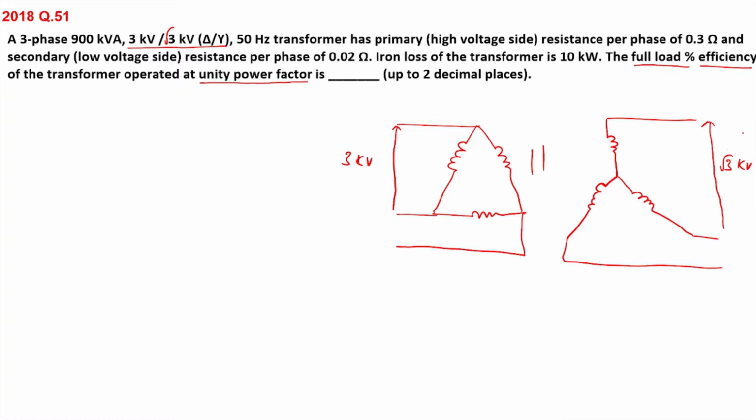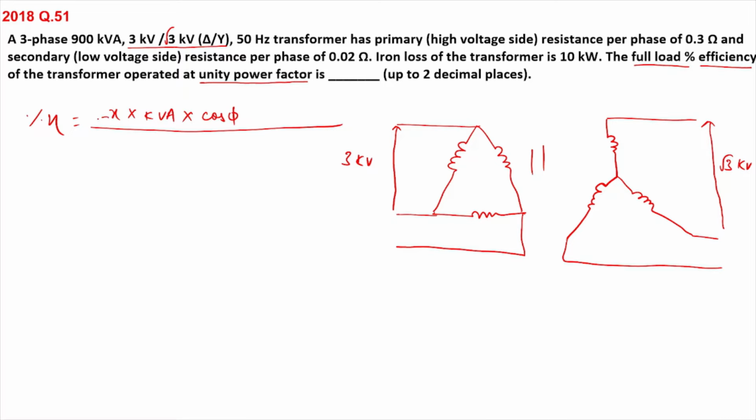Now we have to calculate efficiency. For efficiency, what are the parameters we will be required? So to calculate efficiency, we need the percentage of loading, that is X, since it is full load, so we will use X as 1, into kVA rating of the transformer into power factor of the transformer.